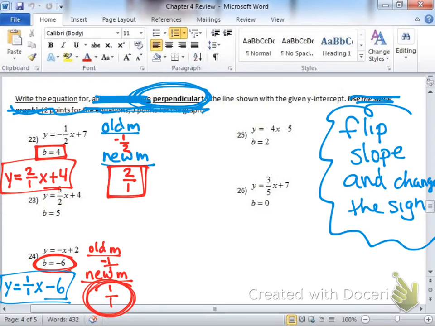All right, and then over on 26, what's the old M? 3/5. So what's the new M? Yep, -5/3.